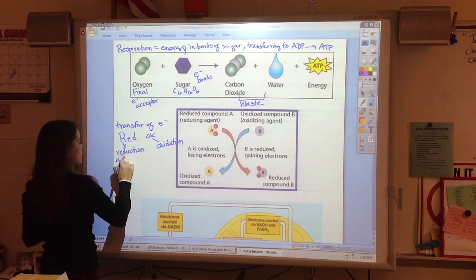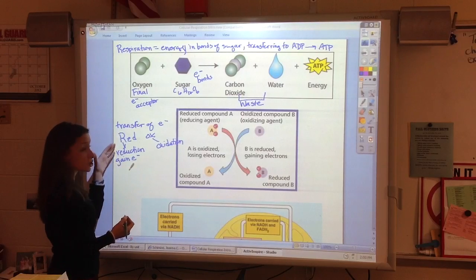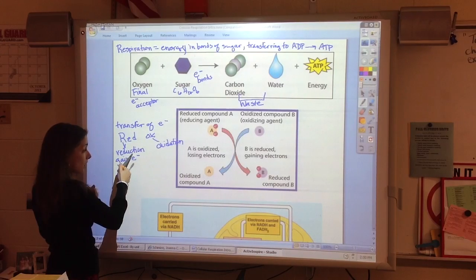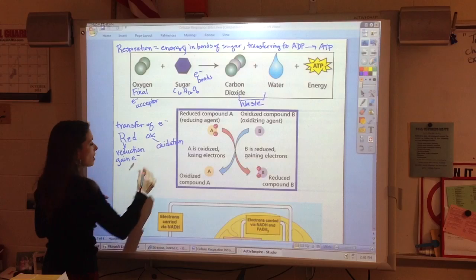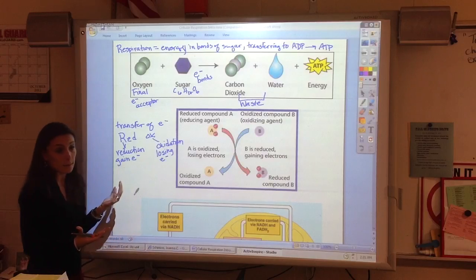Reduction, remember, is gaining electrons. Oil rig, reduction is gaining, you actually become more negative, you become reduced. Oxidation is losing electrons. I become more positive.